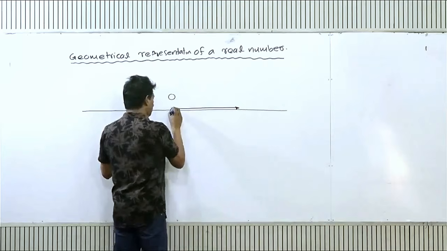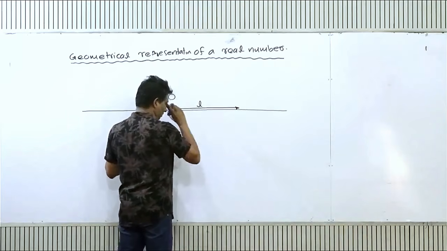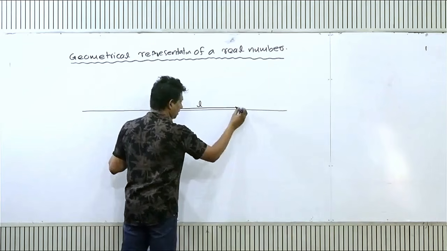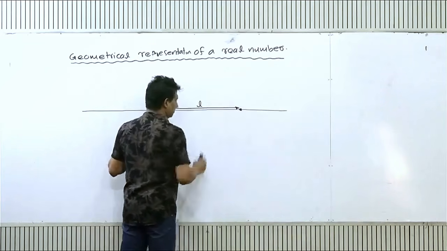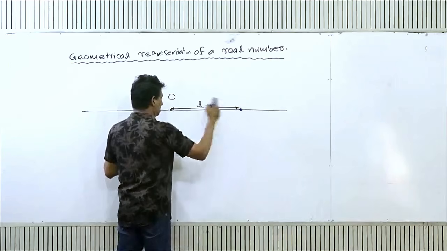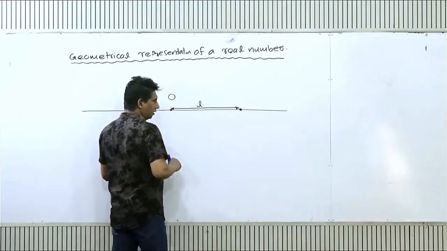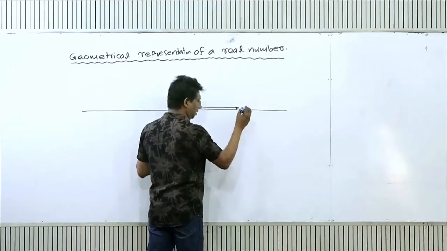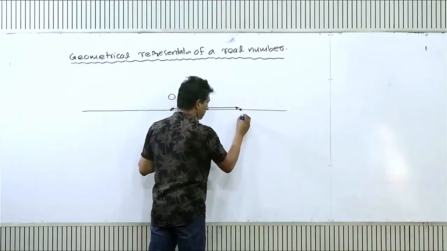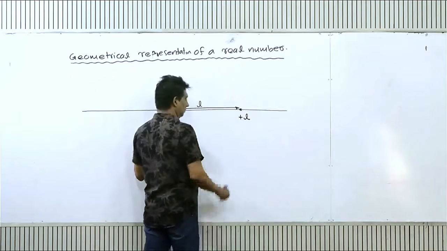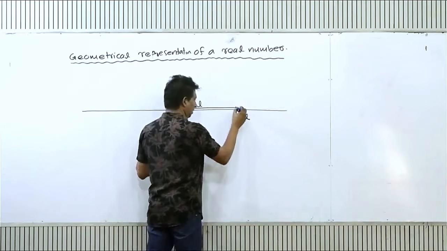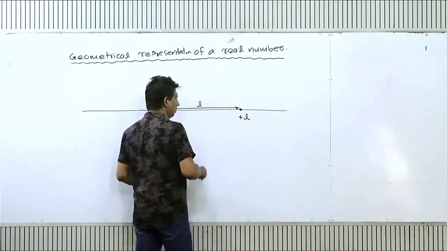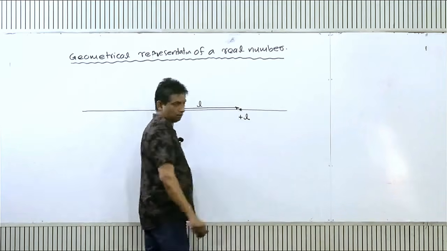If we mark a point at distance L from this point, this point is on the right hand side of this point, then this point denotes a positive real number. What's that number? That number is positive L. That means the number this dot represents is proportional to this length, this distance.